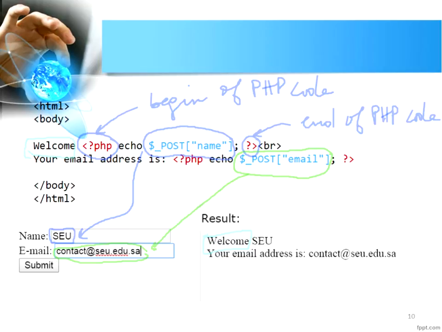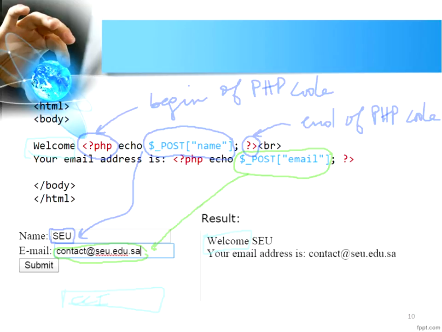So for example here, if I write not SEU but CCI. Yes, this code is created based on the previous HTML code.